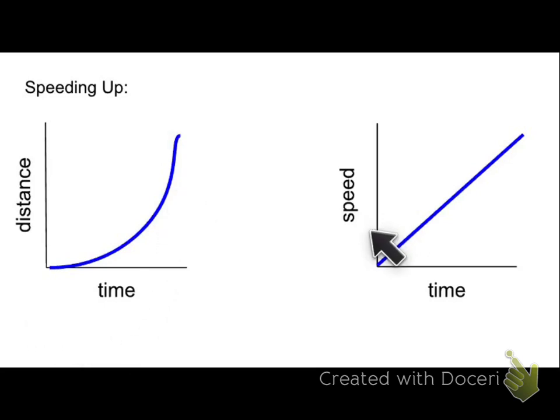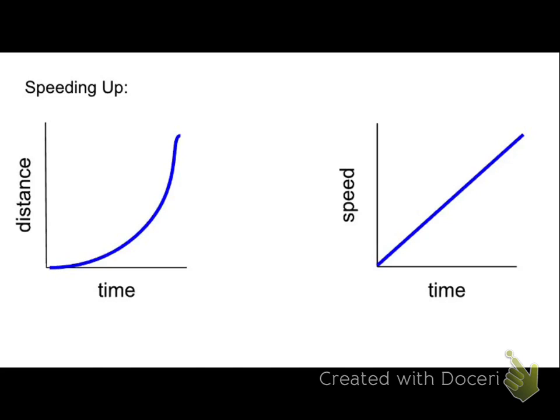On this one, in order to show speed increasing over time, we just need to draw a diagonal line. Okay? So notice how easy it becomes to confuse speed time graphs and distance time graphs. So you always want to be looking at how these graphs are labeled before you try to interpret them. All right?